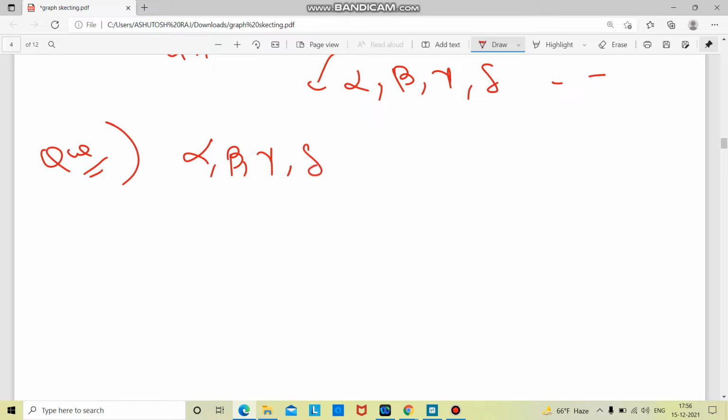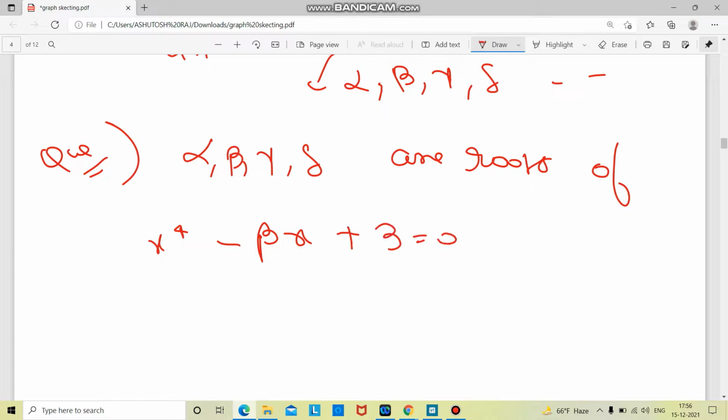Now let's take a question on this. Alpha, beta, gamma, delta are roots of x to the power 4 minus x plus 3 equal to 0.